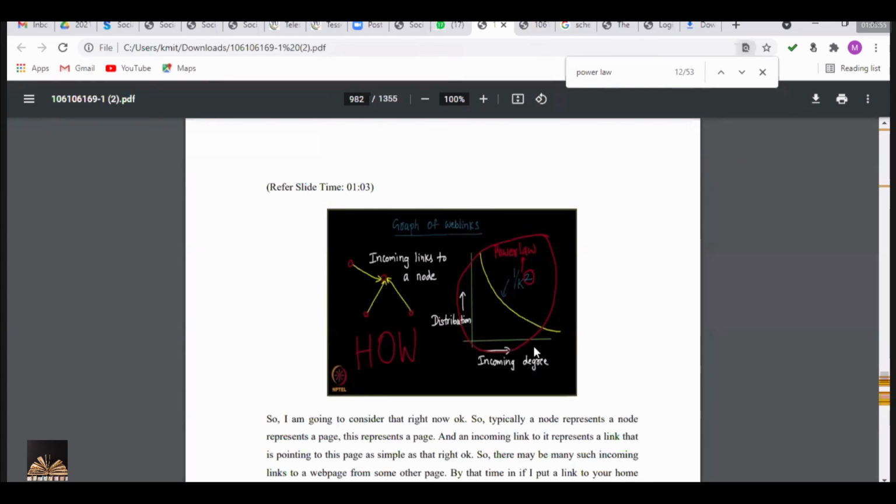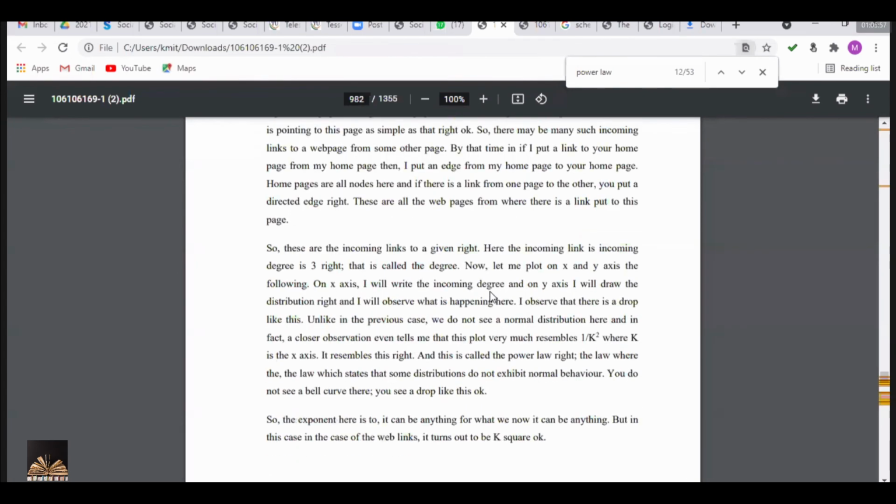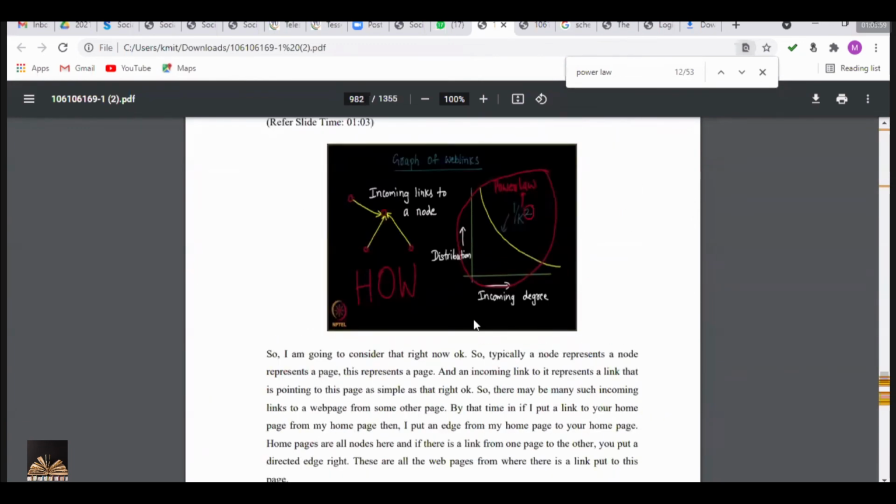How am I going to find out that the power law is being applied in that application?